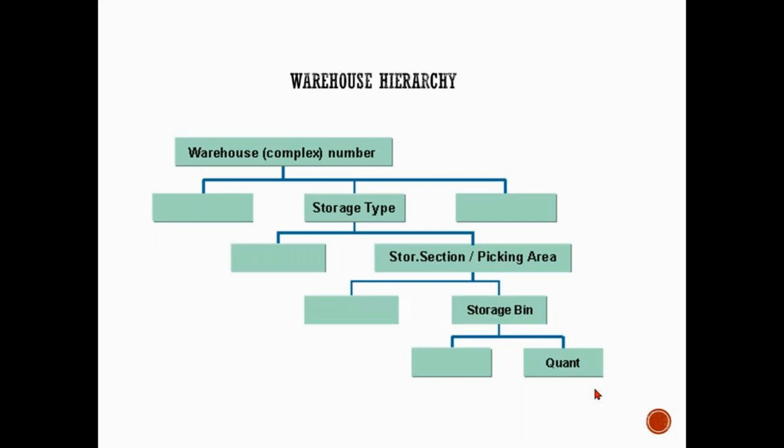But basically, what happens? Let's say I have a storage bin and I keep one pallet there, and then I keep another pallet, but those two pallets have two different materials. Whenever the characteristics of that stock get changed, the system assigns a new quant number. So it's basically a number, and on this number SAP WM majorly works when you talk about picking. The system checks, within the storage type and within the storage bin, the quant number.